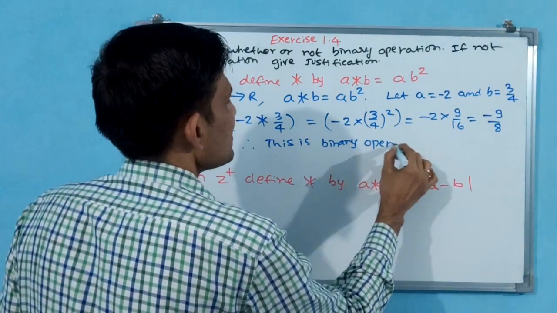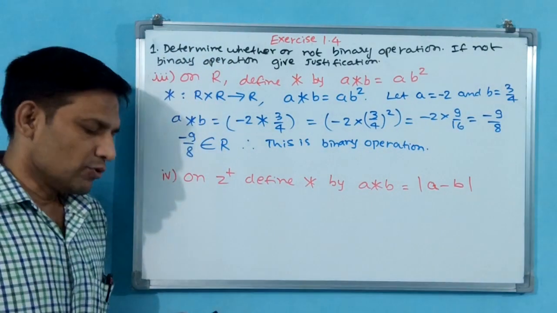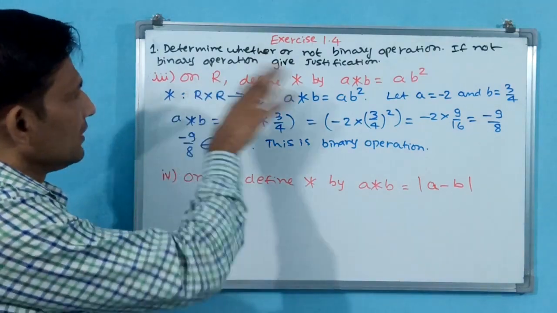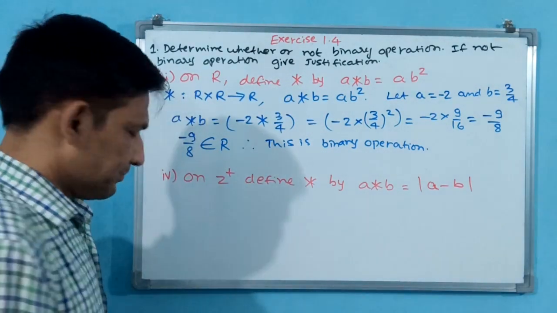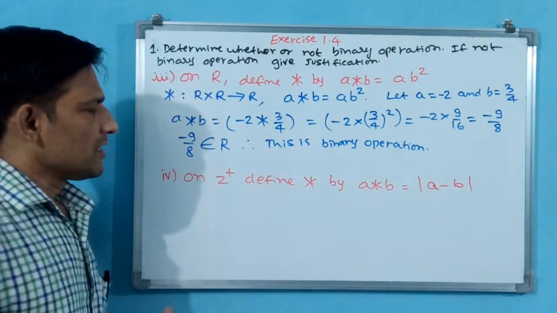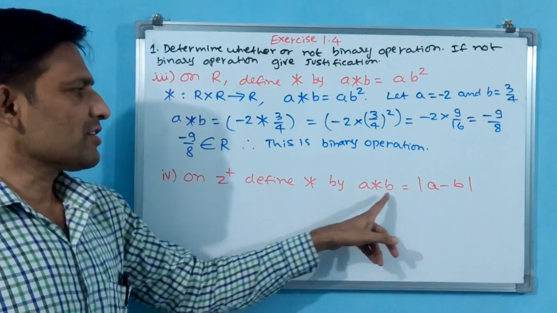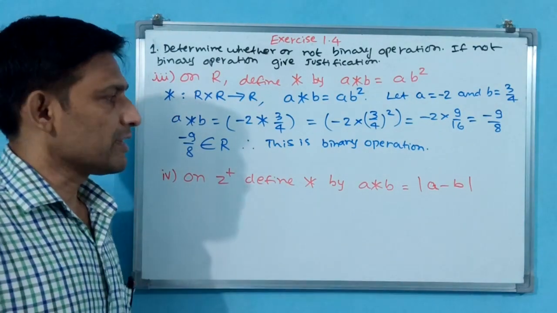Binary operation. Binary operation is a function. You write binary operation. This is binary operation. Let us go for the fourth one. On Z plus, define star by A star B is equal to modulus of A minus B. Here you think carefully.